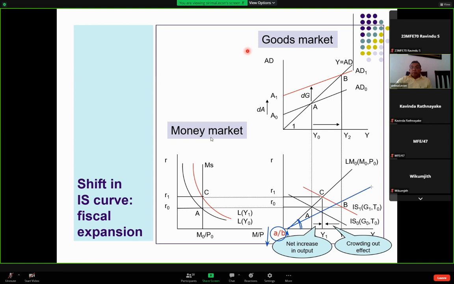Will be like this. In fact, if it comes to be flat like that until it comes to this point, there is no crowding out effect, zero crowding out effect. And the net improvement in economic growth is bigger.